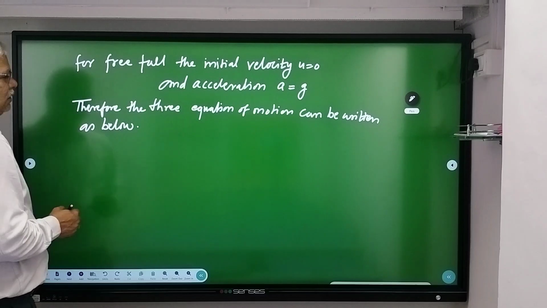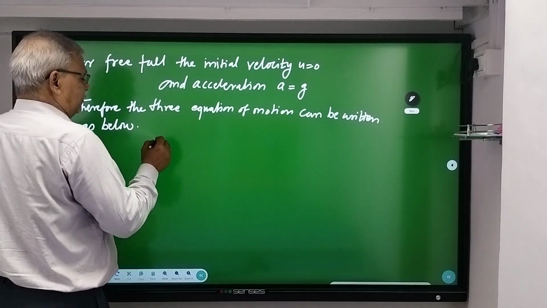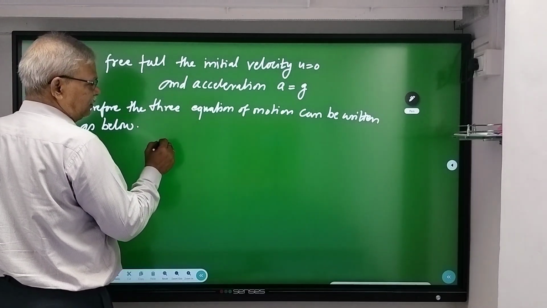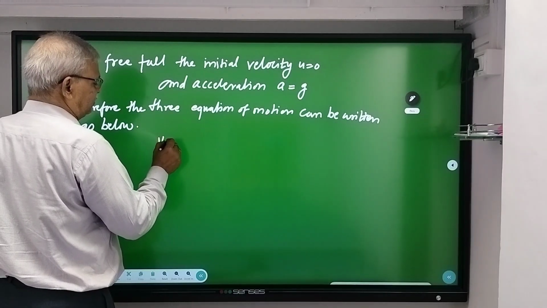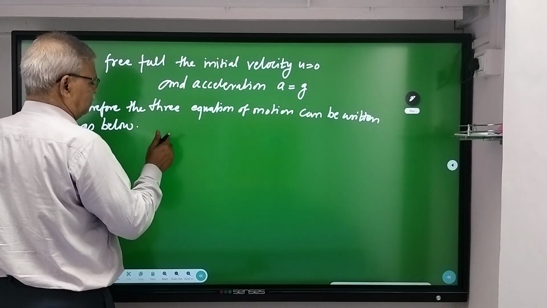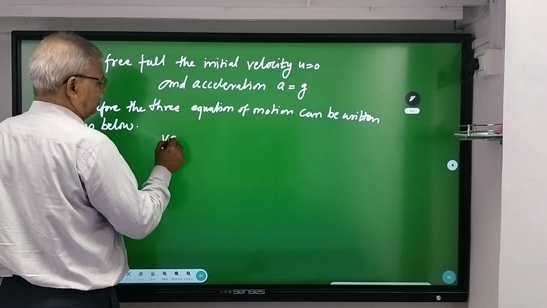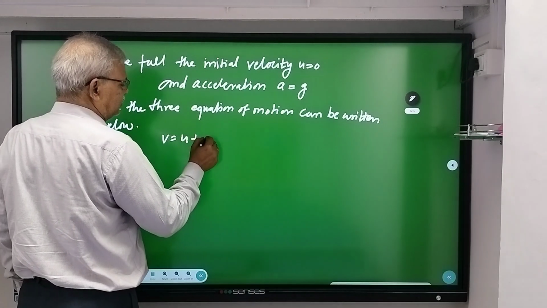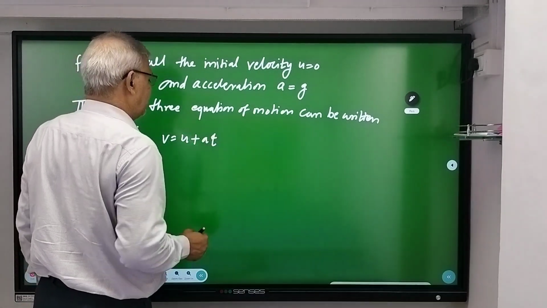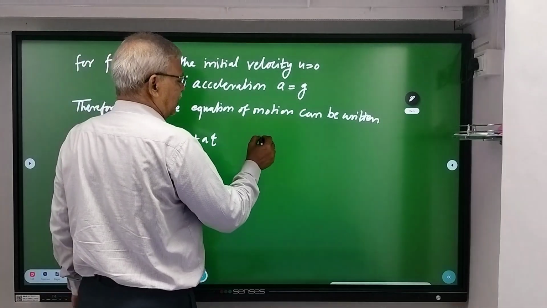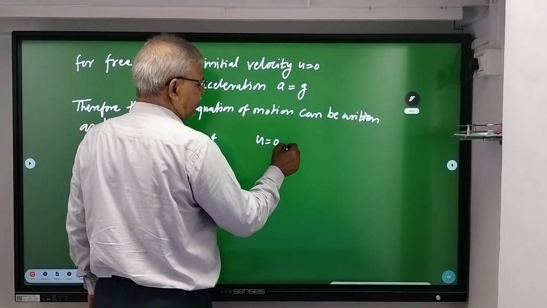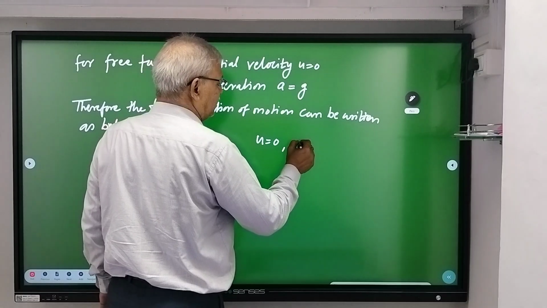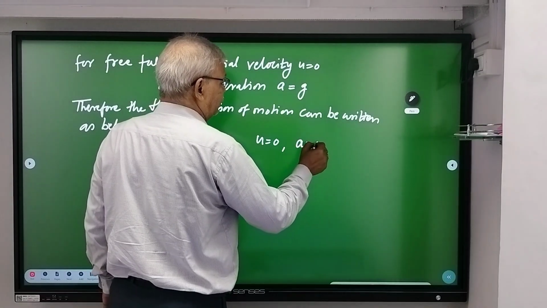Now see here, the first equation of motion is v = u + at, and for that, as I told you, u is equal to 0, initial velocity, and a is equal to g.